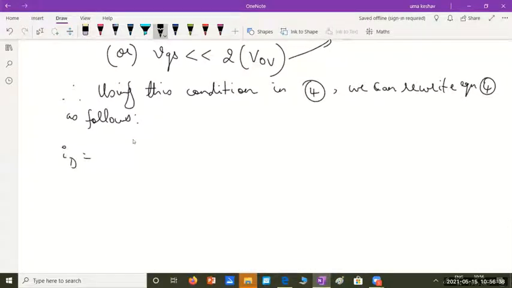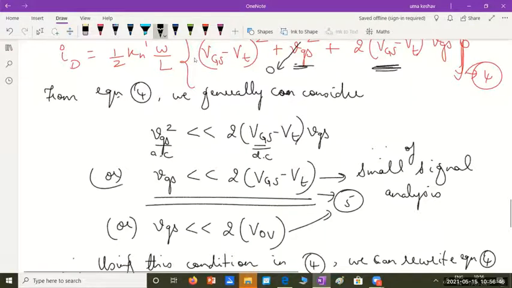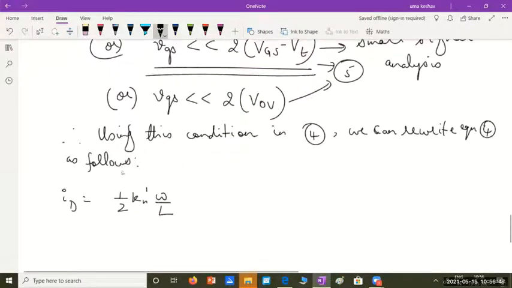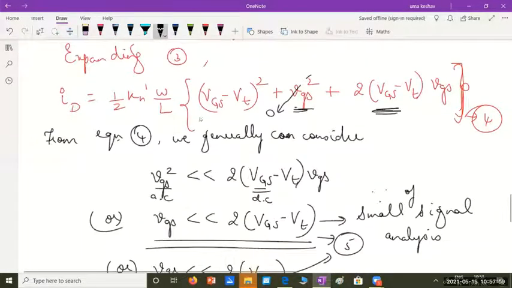ID is half Kn dash W by L. Let me multiply this term outside into VGS minus VT square, the DC value, plus half Kn dash W by L, the term outside I am multiplying. I am neglecting the second term.